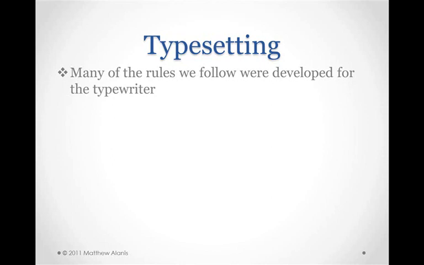One of the benefits of word processing software is it takes a lot of the difficult things out of using typewriters. We don't have to worry about spacing between certain letters because a lot of word processing software takes care of it. We don't have to worry about ellipses because as long as we type 3 dots, the word processing software will take care of it for us. So those are benefits that we take for granted.